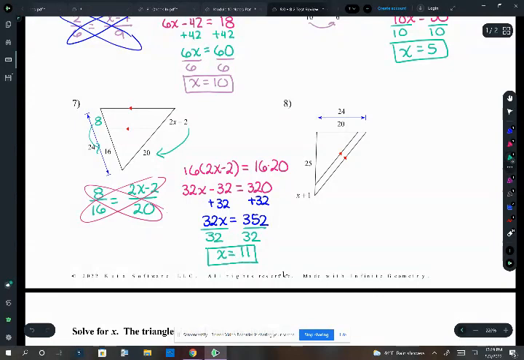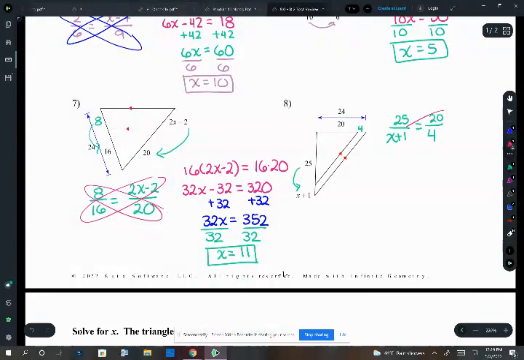And then as we look at number 8, kind of the same idea. If we know the whole entire length is 24, then 24 minus 20 is going to give us this little section is 4. So if I go 25 over x plus 1, then I need to go the number across from 25, which is 20, and we're going to go 20 is to 4.